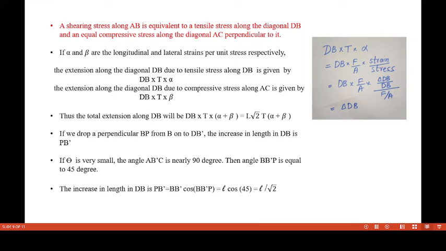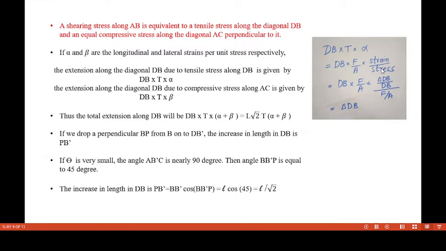How did we obtain this term dB into T into alpha as the extension? We can just understand by these calculations that T is the tangential or the shearing stress, which is force upon area, and alpha is the longitudinal strain per unit stress. Now the strain is the change in dimension to the original dimension.